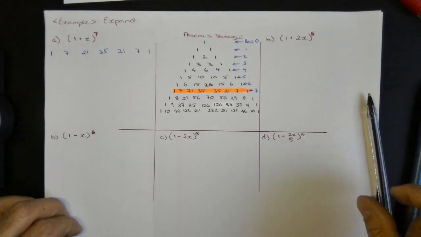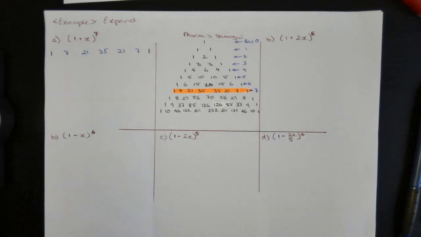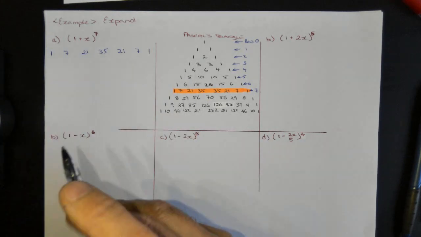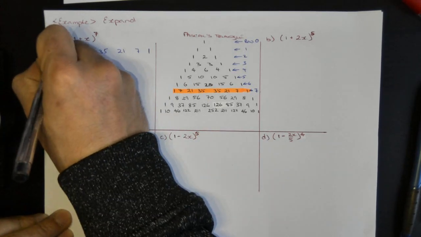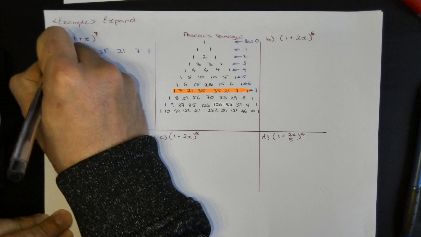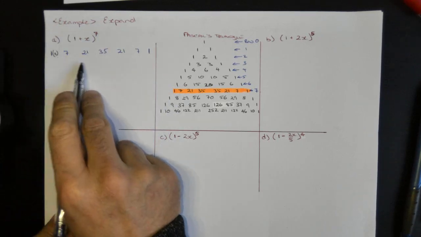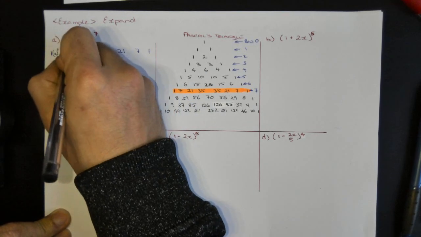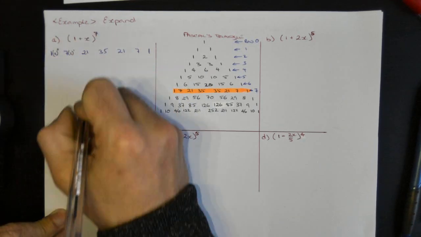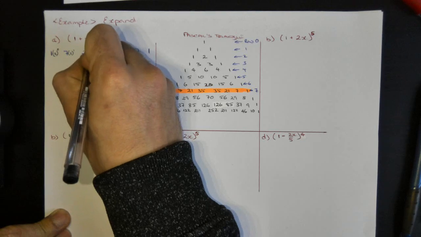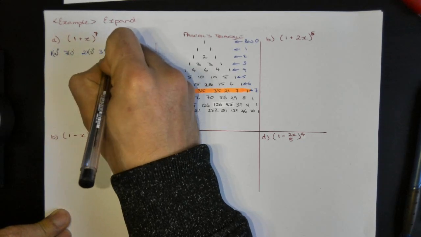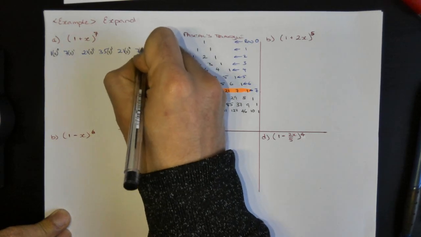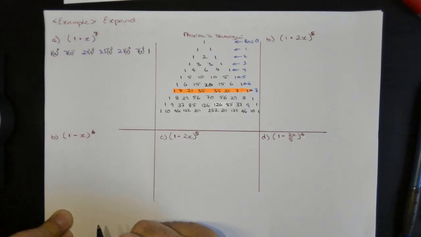What I'm then going to look at is the sign. The sign is positive, so it means that all terms will be positive. I then look at the second term, which is x, and I increase the power until I get to 7. So that's the power of 0, this is x to the power of 1, x to the power of 2, x to the power of 3, x to the power of 4, x to the power of 5.